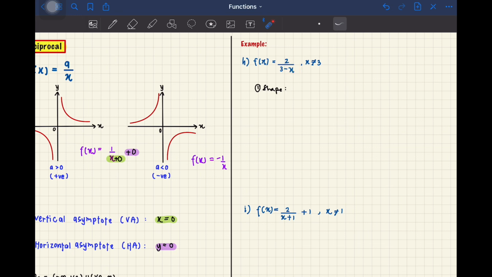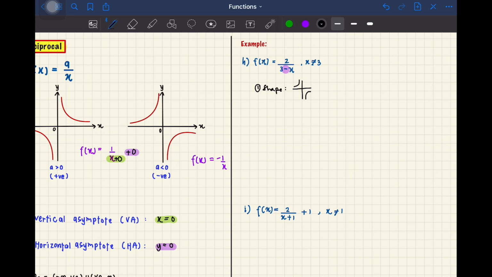Is it a positive sign or is it a negative sign? So bila kita tengok dekat x kita, awak ada negative sign over here. So when it is a negative sign, maksudnya graf awak tu dia akan follow yang ini. Basic shape kita is the second quadrant and the fourth quadrant. Okay, so that is the first step.